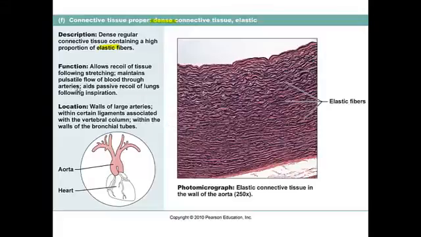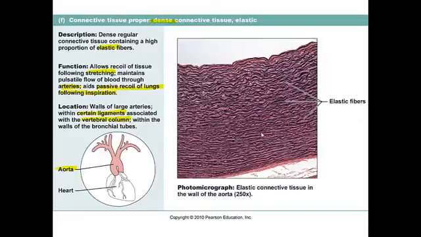So it's in the parts of the body where we would want stretching and recoiling of the tissue. So passive recoiling of the lungs once we breathe in, which is called inspiration, also in the arteries. So a good example of this would be the aorta. Also certain ligaments that are within the vertebral column where we would find this.